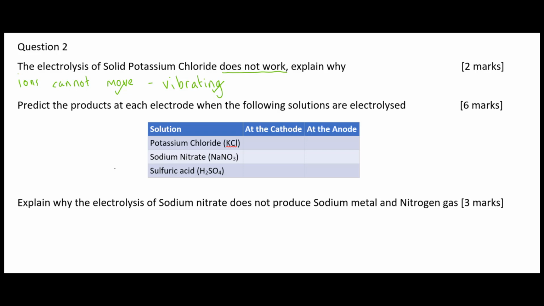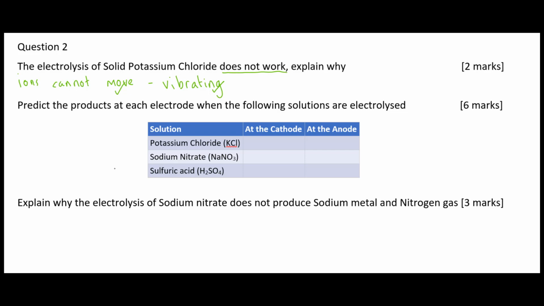Well, let's have a look at this next question. It says, predict the products at each electrode when the following solutions are electrolyzed. And this is a 6-mark question. So our first solution is potassium chloride, or KCl.